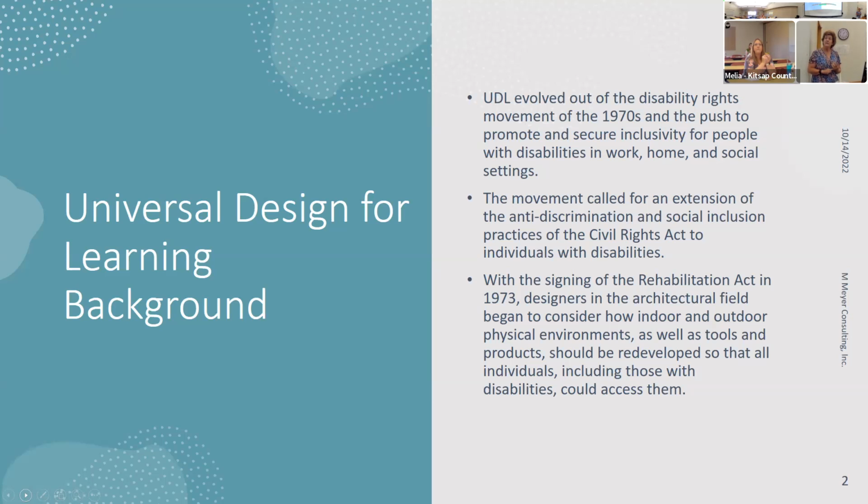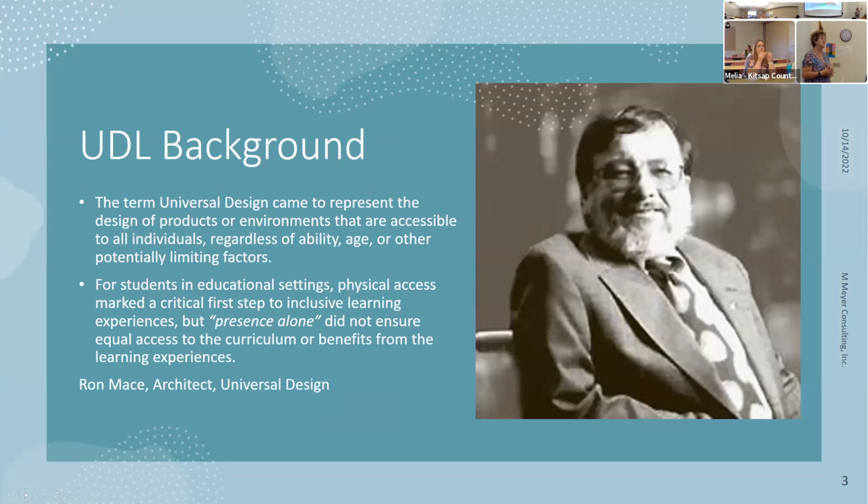With the signing of the Rehabilitation Act in 1973, designers decided to look at how are we going to help people access physical environments. That all started when you start seeing curb cuts, things that help people, especially with mobility issues, being able to access buildings.